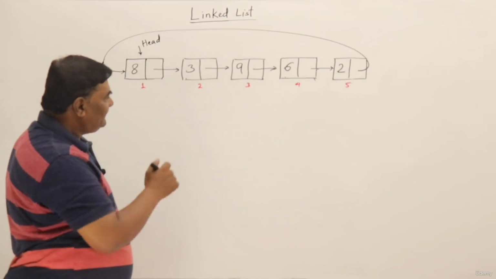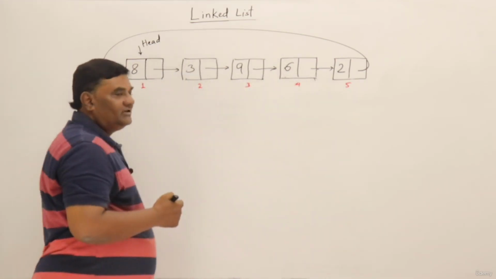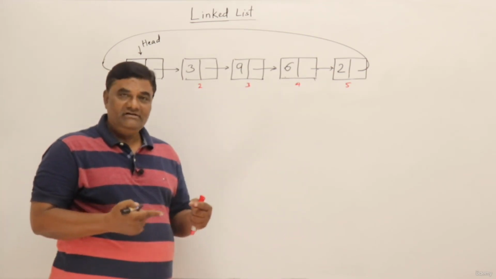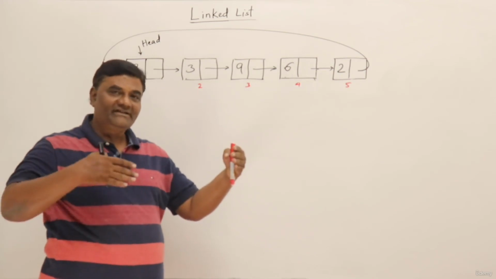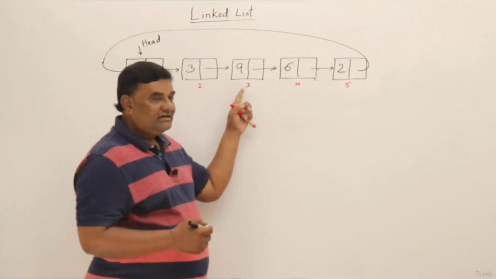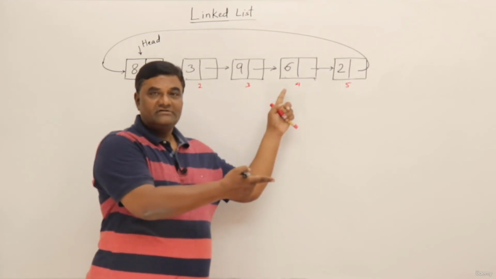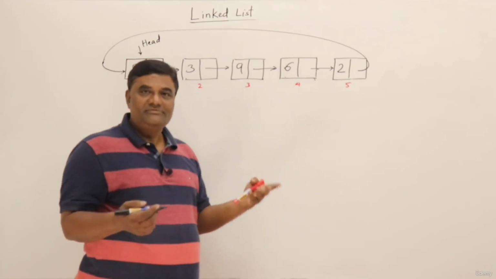So for that, I need a pointer on this fourth node also and third node also. So you remember we will have one pointer, that is a tail pointer. So we'll take two pointers. One pointer will be moving and the second pointer will be following. Or else we can bring a pointer till third node and take one more pointer on next node. Or we can bring two pointers from the beginning. So two options are there.